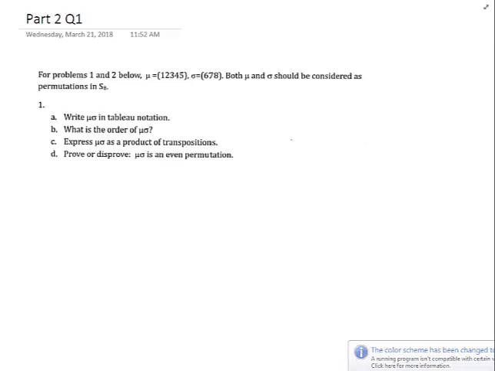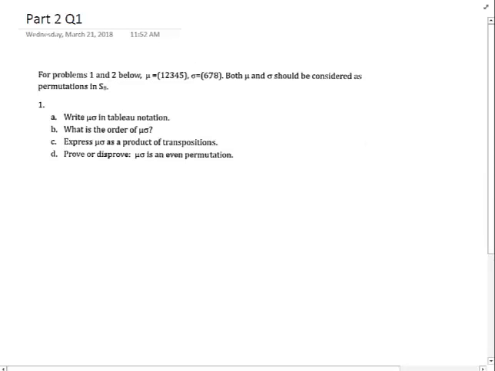All right, so this first problem on part 2 of the test has to do with permutations. You're given two permutations in cycle notation, and I suppose it's okay to draw it pictorially. Well, the 1, 2, 3, 4, 5 looks like this.